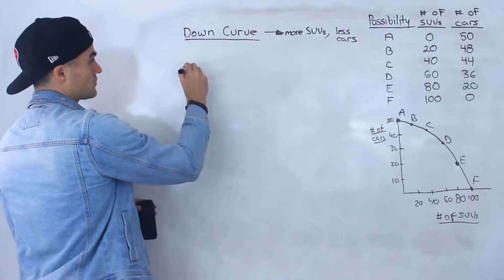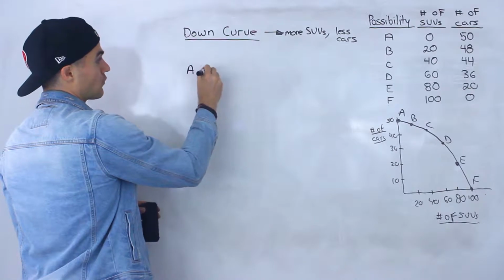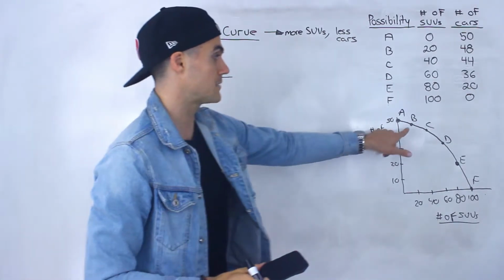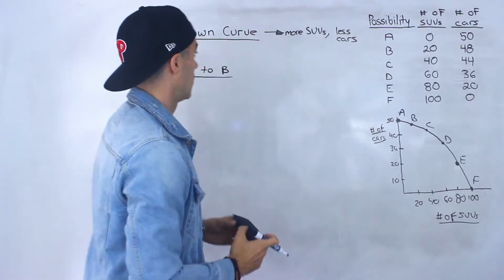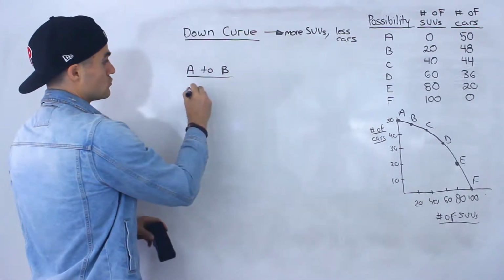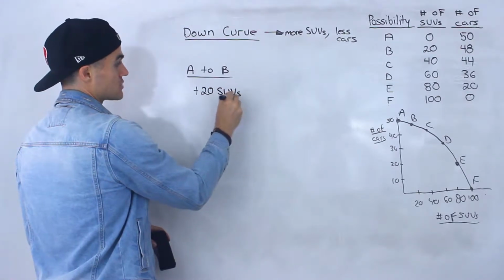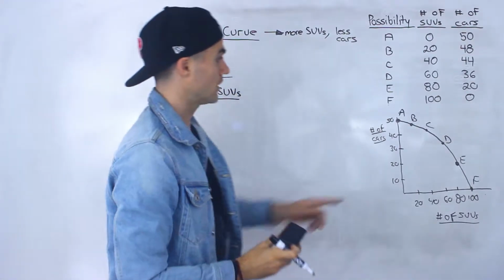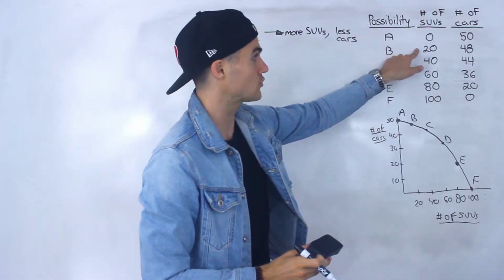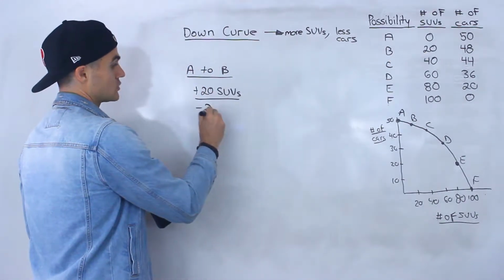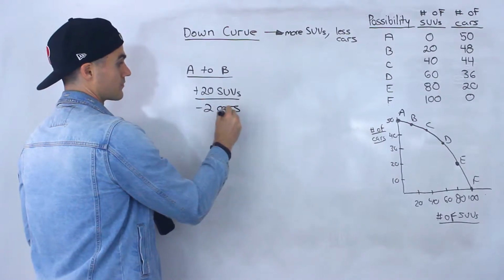And so let's get into a little bit more detail. Let's go from point A to point B. What's happening here? Well, notice that to make 20 extra SUVs, to go from 0 to 20, we have to sacrifice making 2 sports cars.